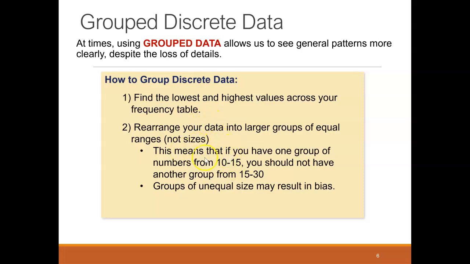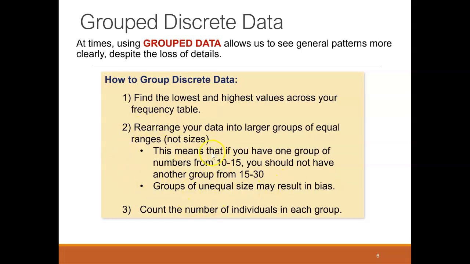So if I have, say, one group whose range is 10 to 15, the next group should not be 15 to 30. You'd want 15 to 20. You guys kind of see that? Because if we take groupings of unequal size, again, that can result in bias.